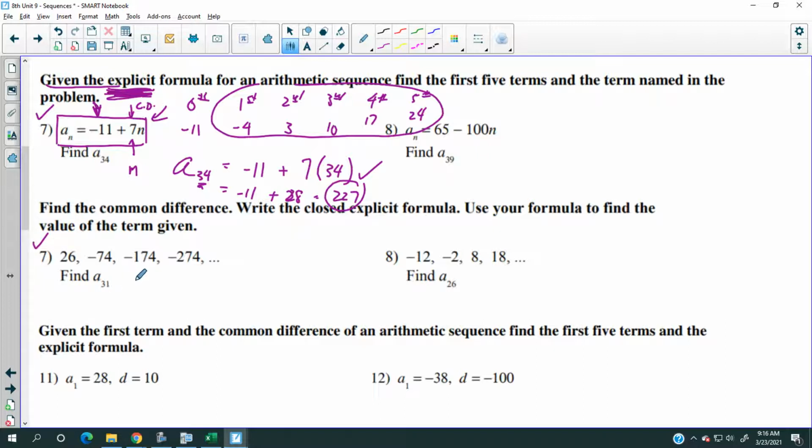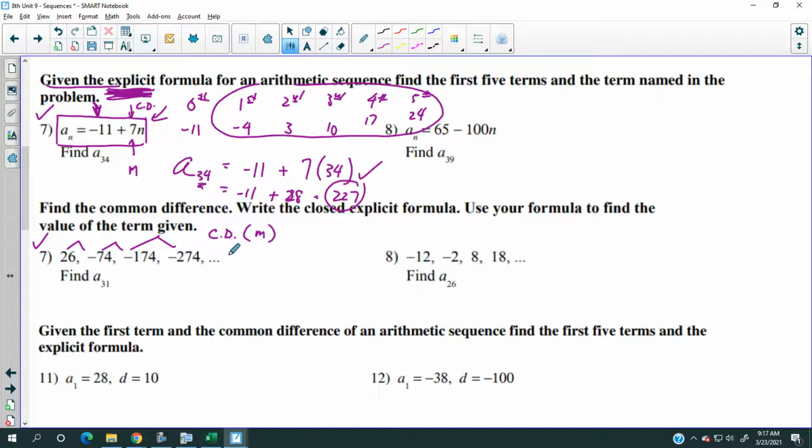Find the common difference. What's the common difference? I think it's minus 100, because from here to here is not obvious, but here to here and here to here is very obvious. I'm really tempted to put the slope in here as the common difference.